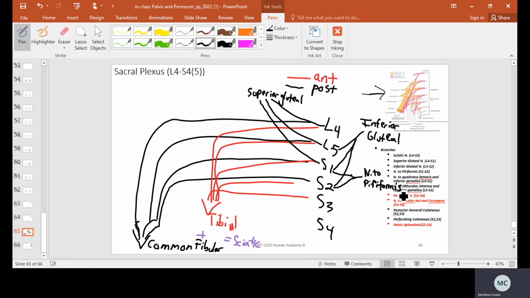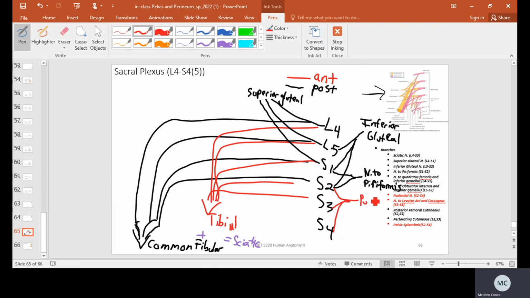And then for right now, we're going to cover a lot more of these later on because we're going to revisit the sacral plexus. For right now, my pudendal nerve is going to come off the anterior branch. And that's going to come off S2, S3, and S4.